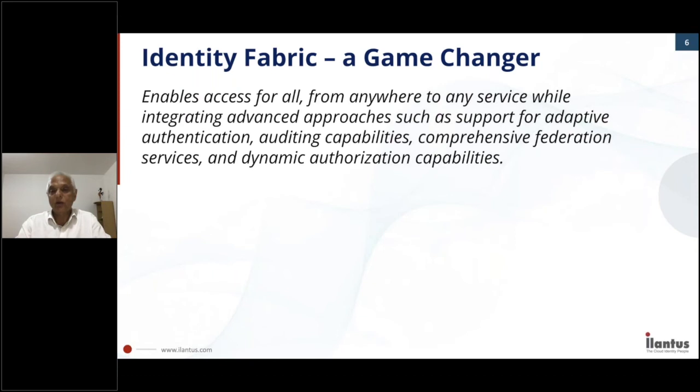So mind it, we are not talking here about modules or products, we are talking about services, while integrating advanced approaches such as support for adaptive authentication, and these are just examples. There are a lot many more services that the identity fabric is there to provide. Adaptive authentication could be one of them, auditing capabilities, comprehensive federation of services, and dynamic authorization capabilities. So let's go a little deeper into the identity fabric and see what exactly it is all about.